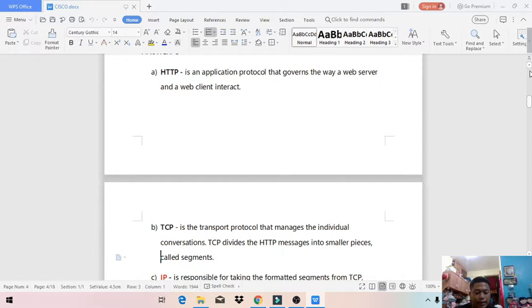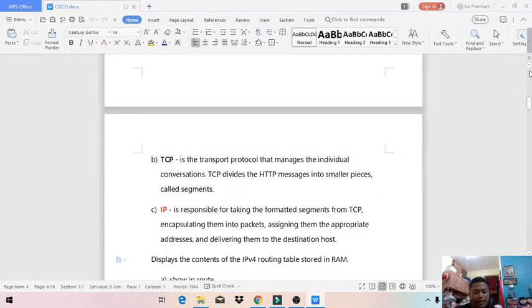TCP is the transfer protocol that manages the individual conversations. TCP divides the HTTP message into smaller pieces called segments. And the correct answer is letter C, Internet Protocol. Internet Protocol is responsible for taking the formatted segments from TCP, encapsulating them into packets, assigning them the appropriate addresses, and delivering them to the destination host.